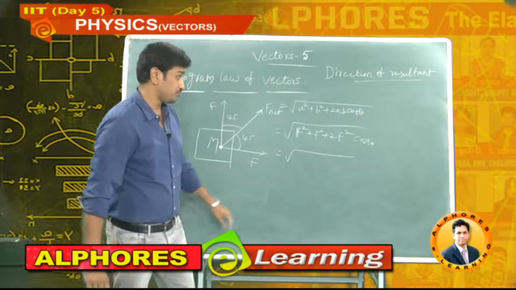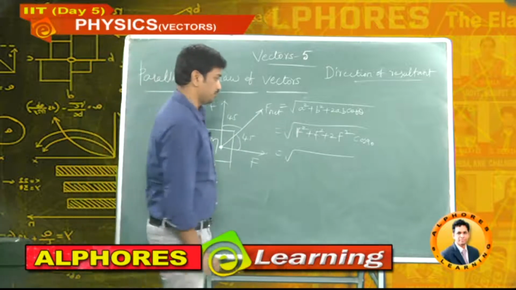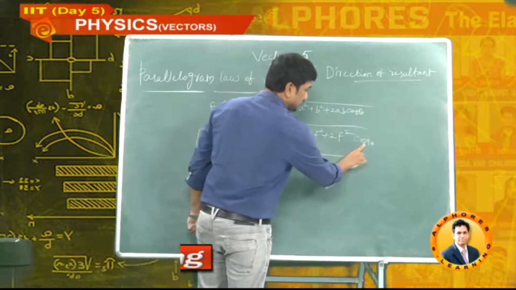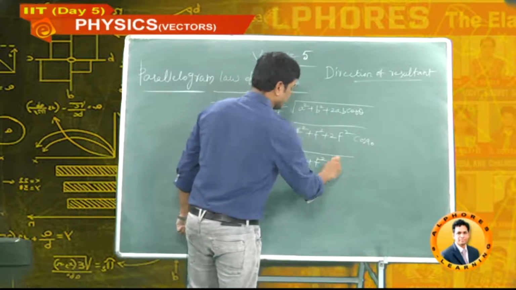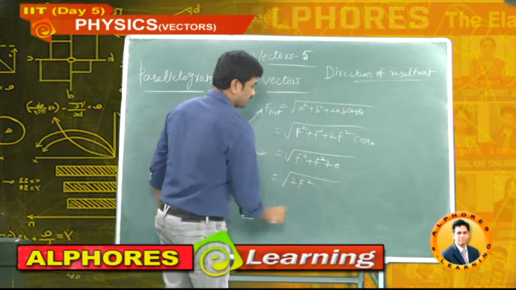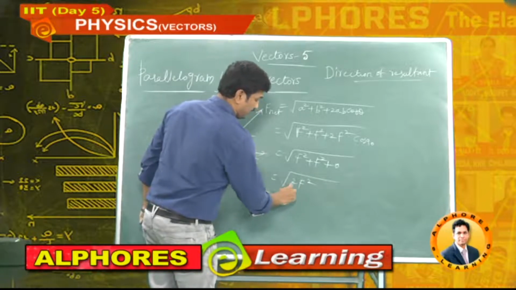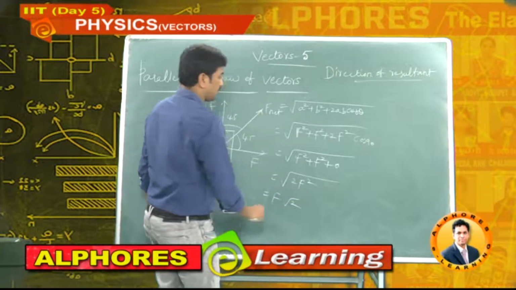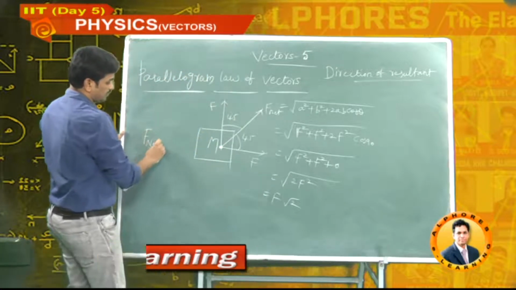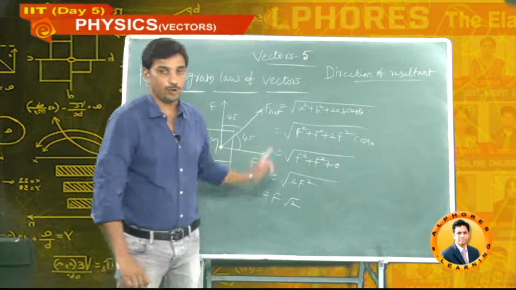What is the value of cos 90? Cos 90 is 0. Now f square plus f square, cos 90 is 0, 0 into 2f square is 0, so root over f square plus f square, which is 2f square. F square you bring out as f, and we have remaining root 2. Now the net force acting here is root 2f. You should remember this point.